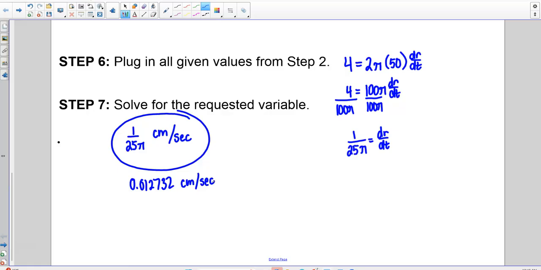Now, you can't exactly just use this number. We could take this number and see how long it would take to hit the beaver dam, but it would be even more time than that, because this rate is going to keep getting slower and slower as the circle expands. Okay, questions?